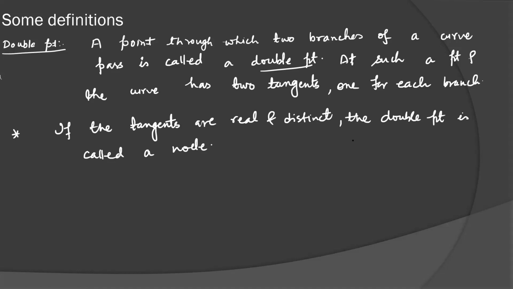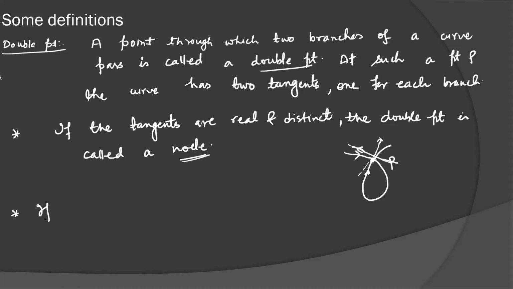It looks like this. Suppose this is a point P from which the curve is passing twice, going this side and returning this side. At P we can draw a tangent to this branch, and another tangent to that branch at P only. So there are two tangents, both real and distinct, so point P is called a node here.